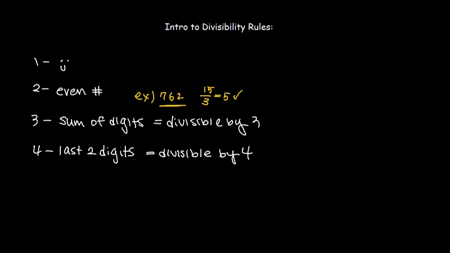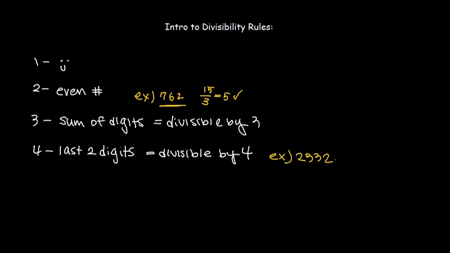Another example. Let's do some larger numbers this time. 23,032. At first glimpse at this problem, you're going to be like, that is not divisible by 4, right?